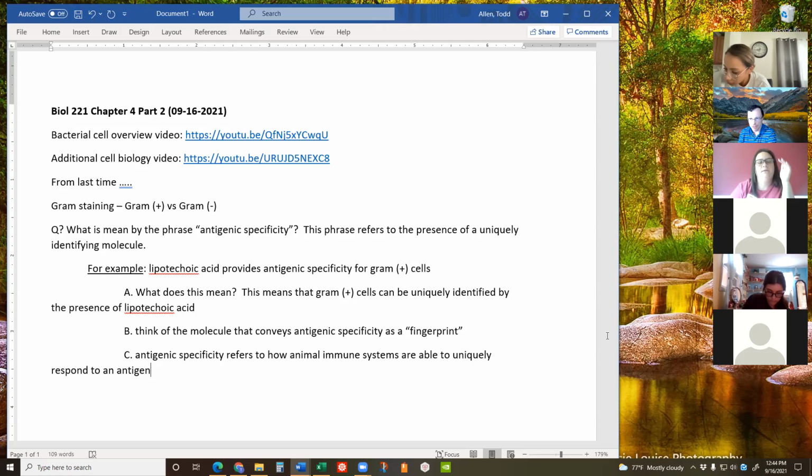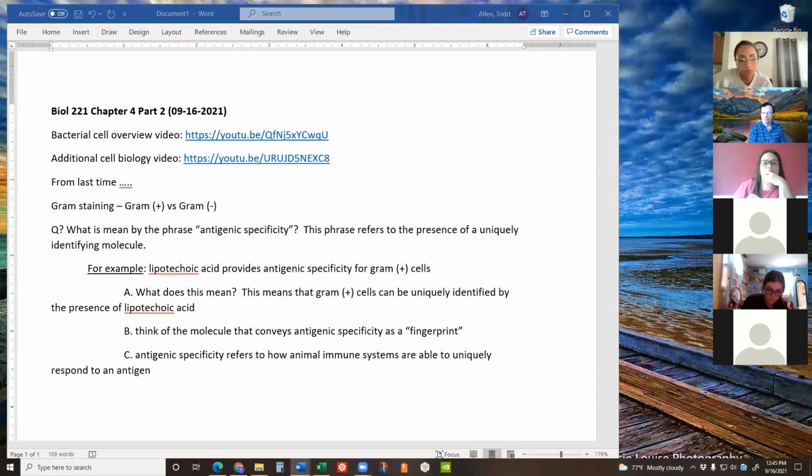So, okay, question in the chat window. Here it comes. If you are infected with a pathogen, what will your immune system likely manufacture in response?